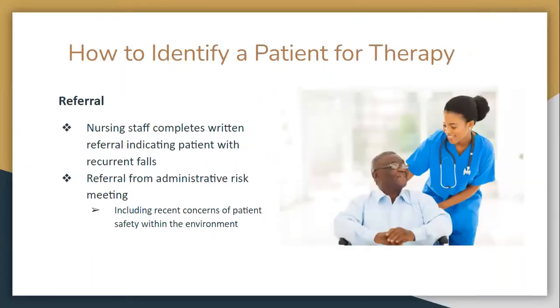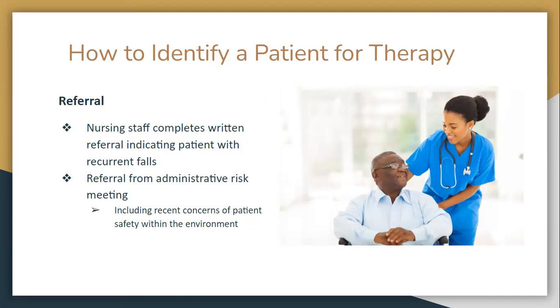When identifying a patient for therapy, there are several ways that we may receive potential clients. One, like Velma, is through the referral process. At the Northridge, we have a written referral that is given to us from the nursing department.